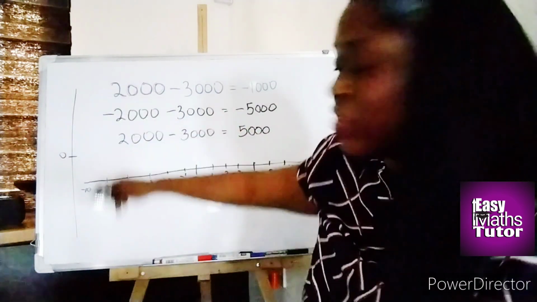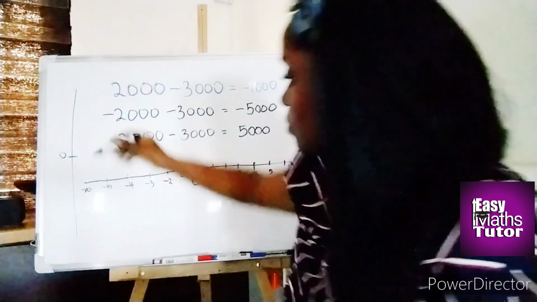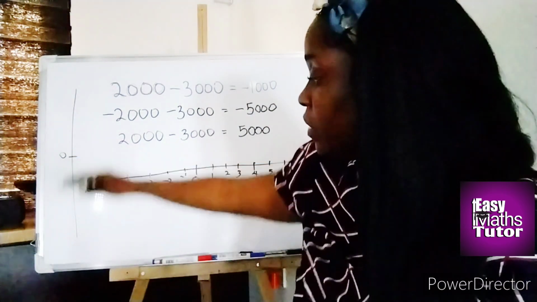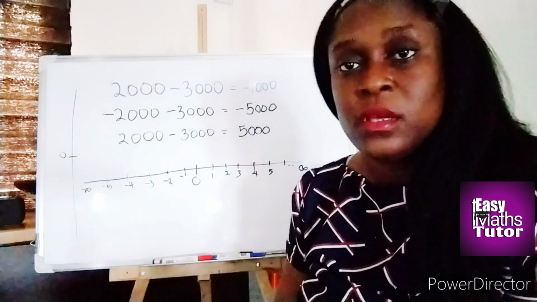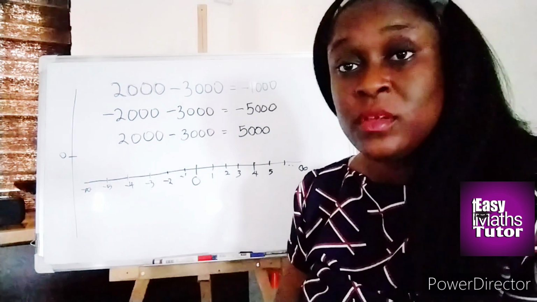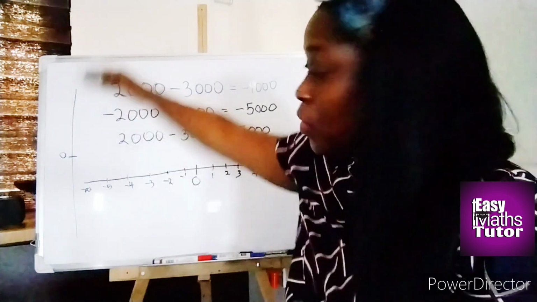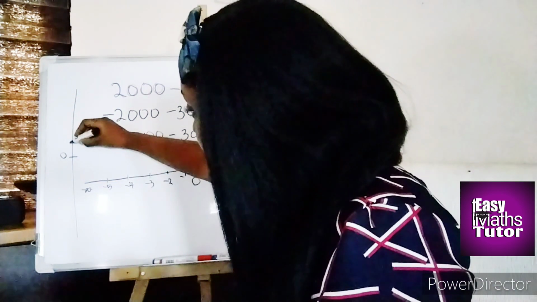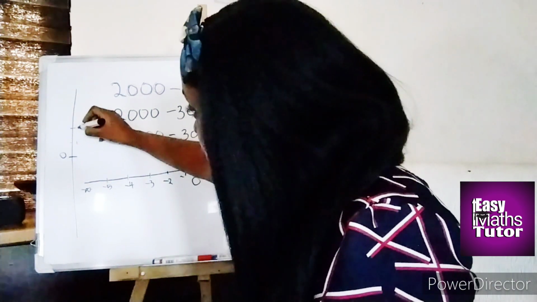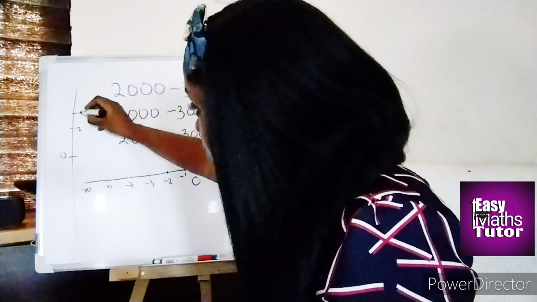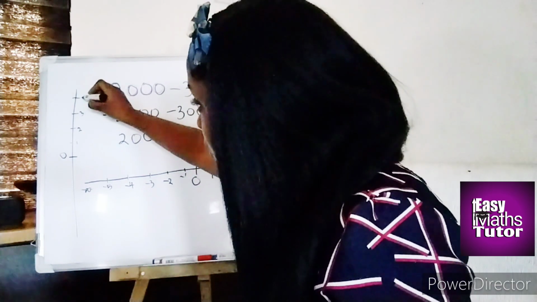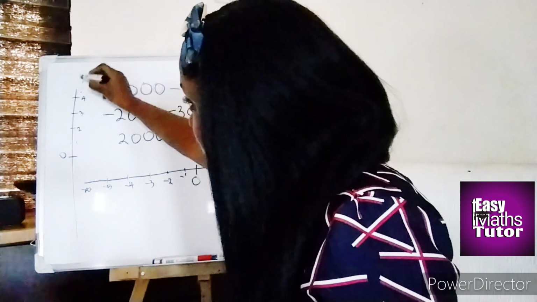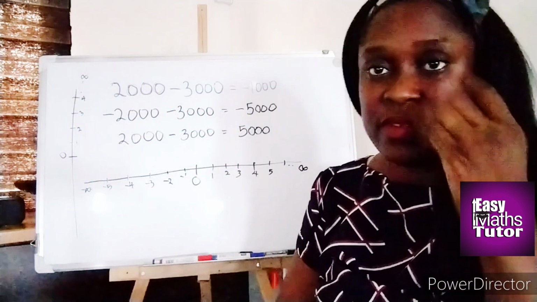So now for the vertical number line, the negative numbers occur under the 0 origin, while the positive numbers occur above the origin. All right? So we will have 1, 2, 3, 4, till positive infinity.